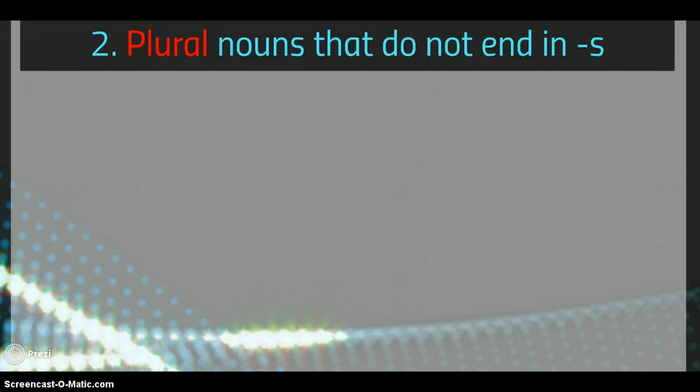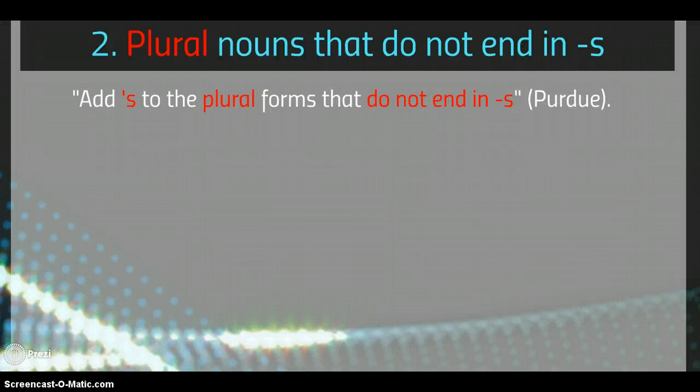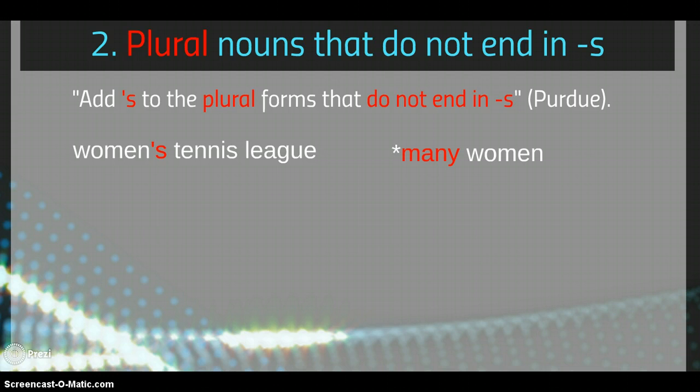Second, plural nouns that do not end in S will want us to add an apostrophe S to show the possession. So we have the Women's Tennis League. Here we're talking about many women, so we have the plural form of the word women. We're going to just add an apostrophe S after it. The Men's Fast Pitch League.